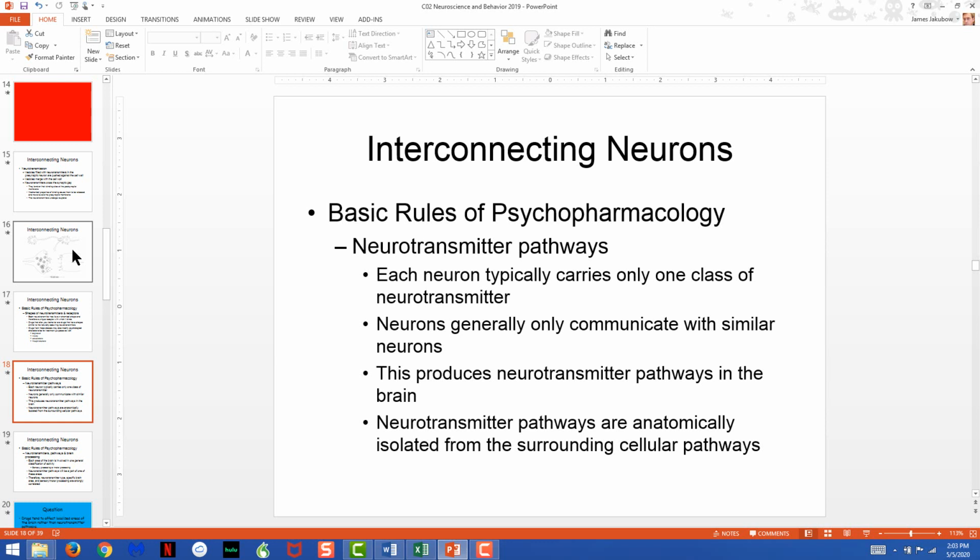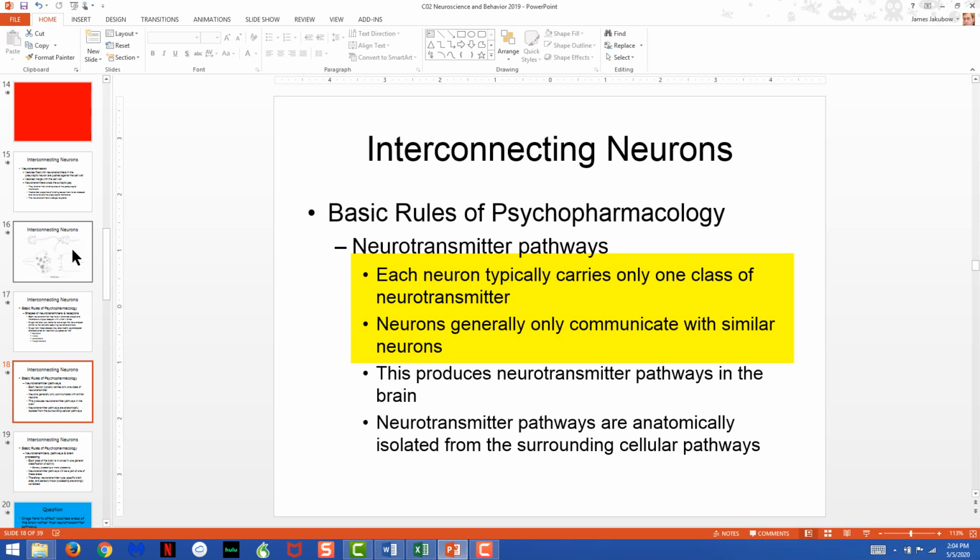To broaden the story a little bit, we have to look at neurotransmitter pathways. And there's a new rule in this case that I have not discussed yet. With respect to neurotransmitter pathways, you find that cells in your nervous system have a tendency to only communicate with other cells that have the same neurotransmitter in them.